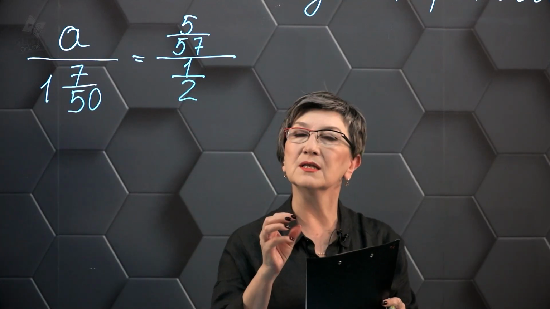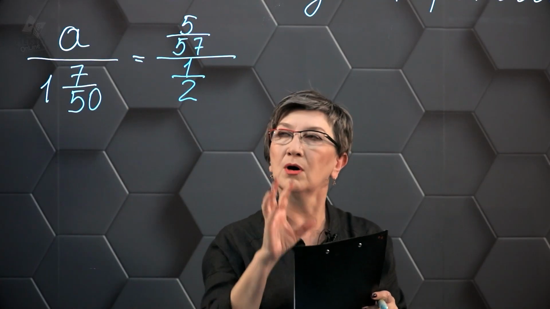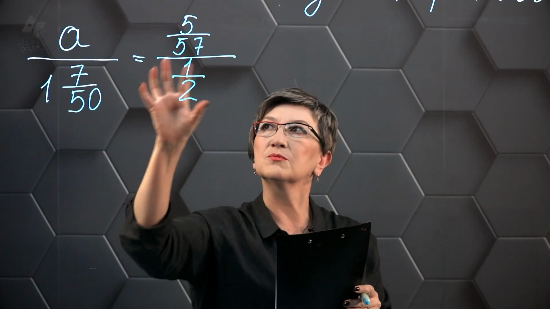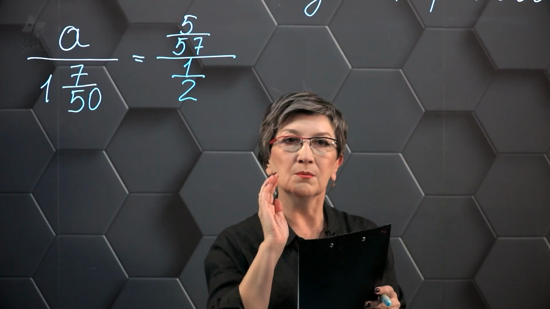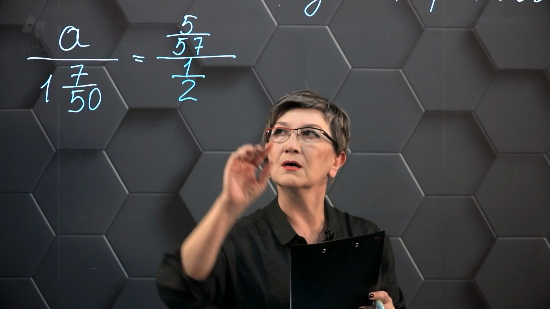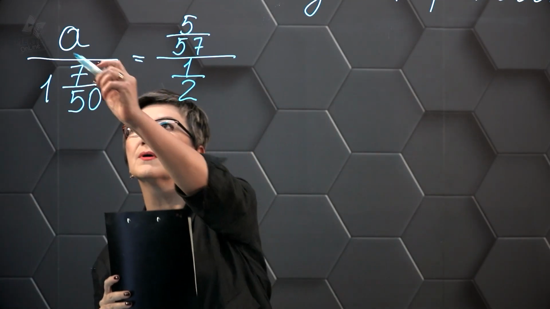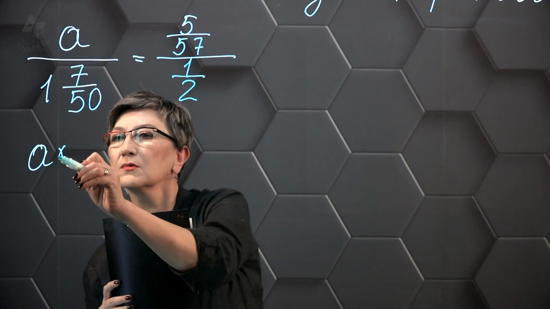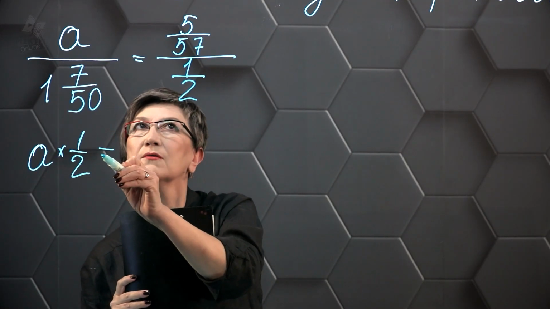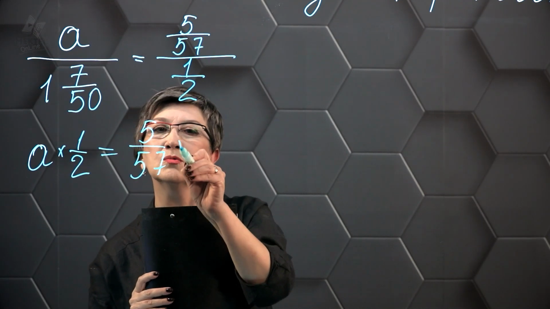Notice that in this ratio we have fractional numbers, but even if we see fractional numbers, our algorithm doesn't change. We know how to find the unknown number in a proportion, so I'm writing it down. A multiplied by 1 1/2 equals 5/57 times 1 7/50.